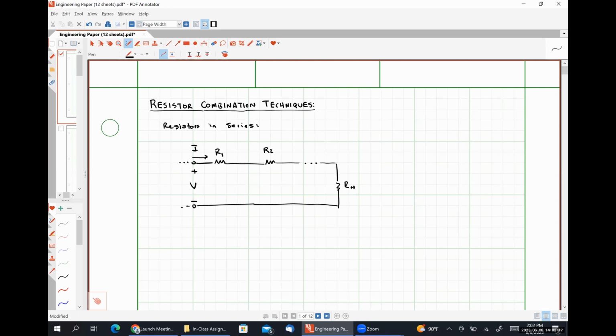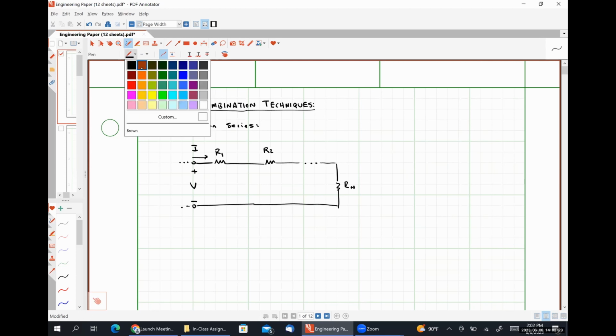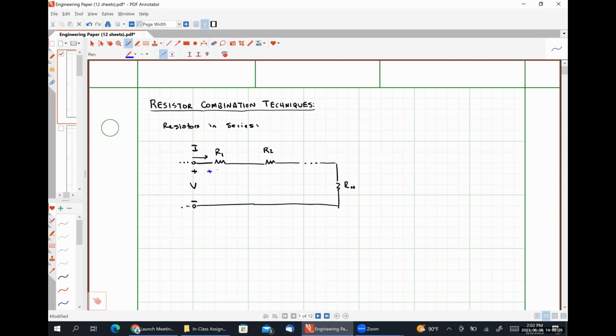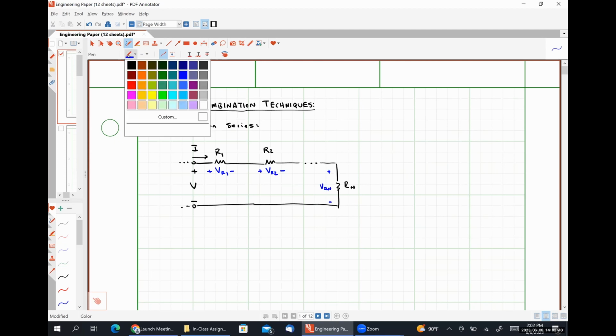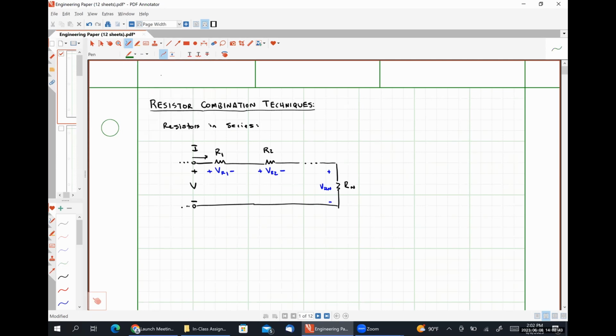The first thing that I'm going to do is label the voltage drop across each of my resistors. I'm going to call this one VR1, this one VR2, and we'll go all the way out to VRn over here. And now I'm going to write a Kirchhoff's voltage law equation around this path. I'm starting from the bottom left-hand corner, going across all of my resistors, and then coming back to this node.